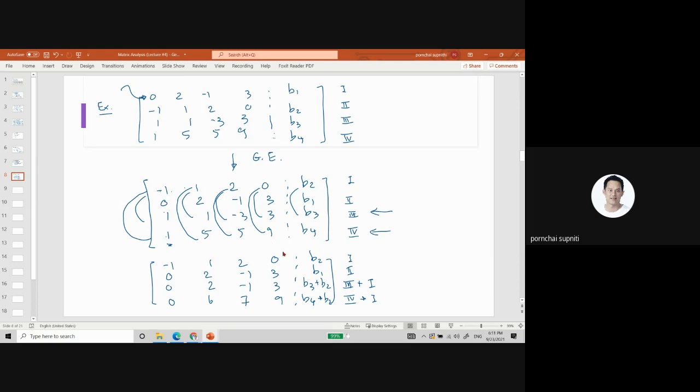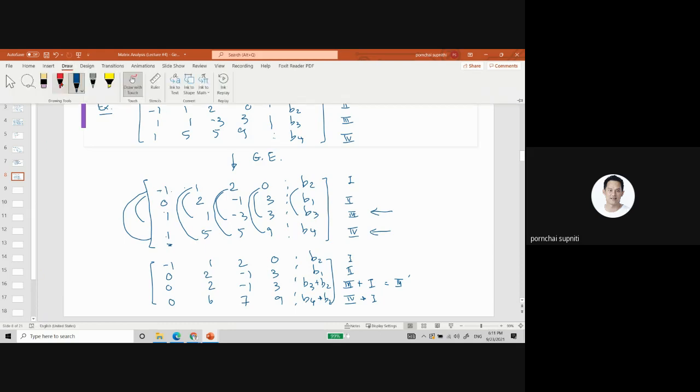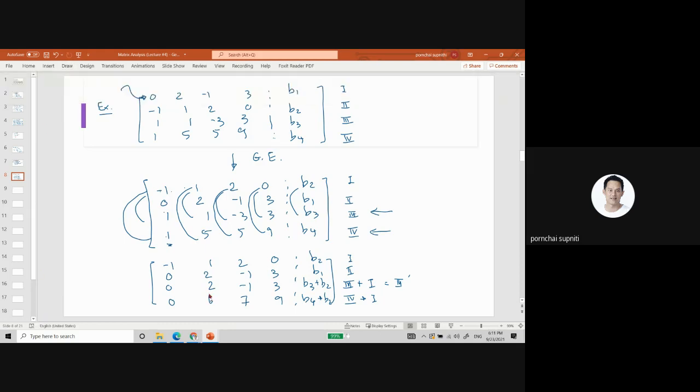Next, I'm going to focus on this line. Let me change to red color. You notice that here I want to make this 0, so I can subtract line 3 prime with line 2, for example.